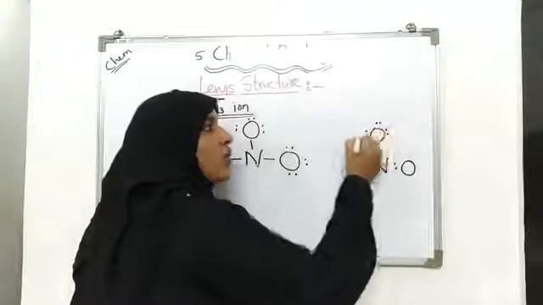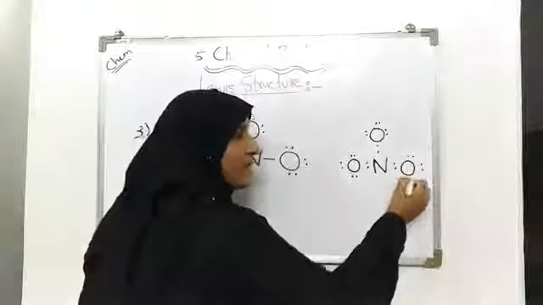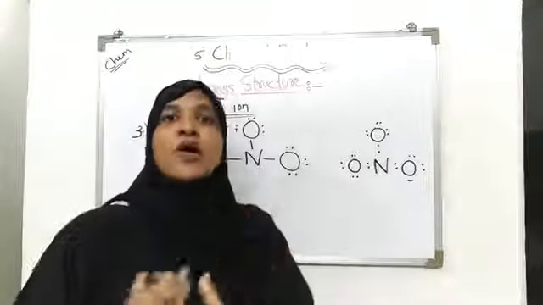You have used all the 24 valence electrons. Okay? आपने पूरे 24 valence electrons use कर लिए to complete the octet.